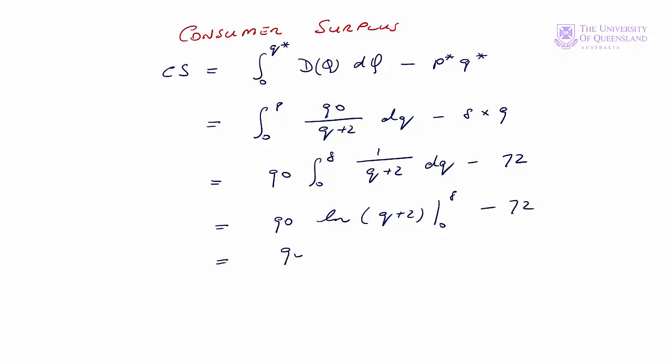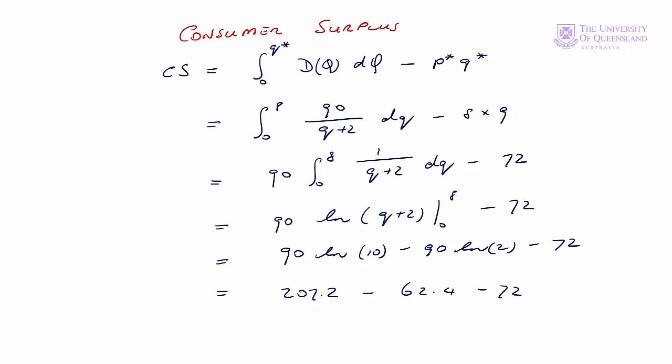That is 90 times the log of Q plus 2, which is 10, minus 90 times the log of 2 minus 72. Rounding to one decimal place, that gives us 207.2 minus 62.4 minus 72, and that's equal to 72.8.